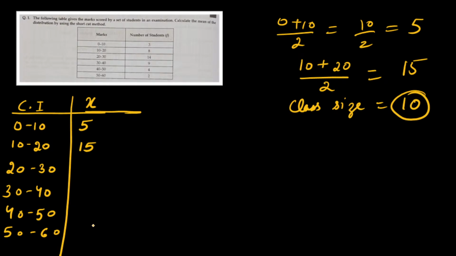First class mark you find: 5. 5 plus 10 is 15. 15 plus 10 is 25. 25 plus 10, 35. 35 plus 10, 45. 45 plus 10, 55. So first class mark you find, then just add the class size to it. Like this, easily you can find the class mark.